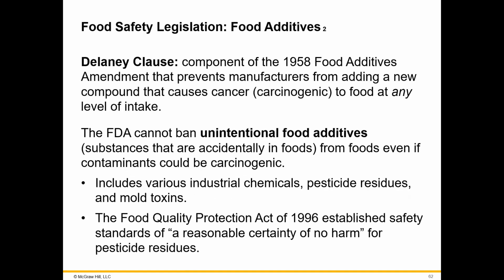You have the Delaney Clause here, which was a component of the 1958 Food Additive Amendment that made it illegal for manufacturers to add cancer-causing compounds to any food at any level of food intake. So not knowingly adding carcinogens to foods.